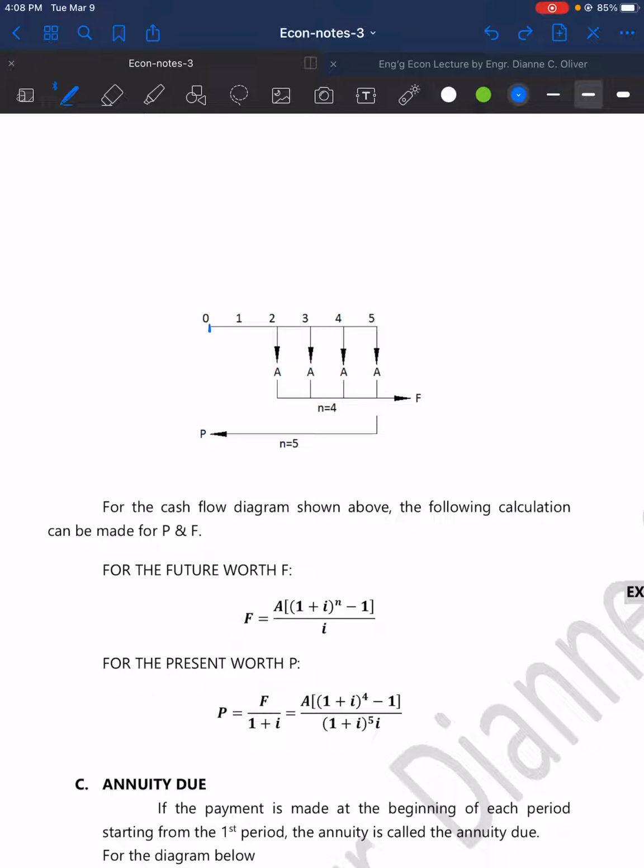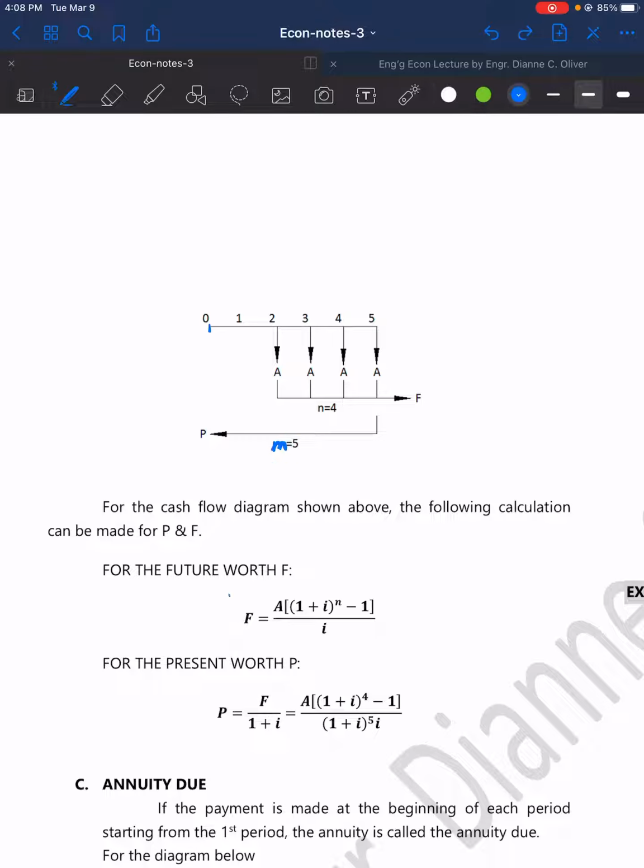So, if we are considering 5 payment periods, so after the 5th year, and the payment was made at the second year only, we have here the number of payments as 4. There are 4 payments made, but the number of periods M is equal to 5. So that's the difference.